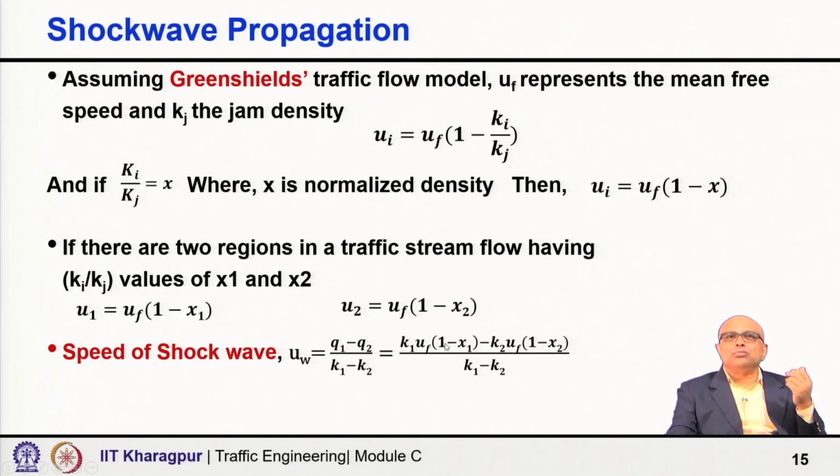Now you replace q1 and q2: q1 is k1 into u1, where u1 is Uf into 1 minus x1, and q2 is k2 into u2, where u2 is Uf into 1 minus x2.